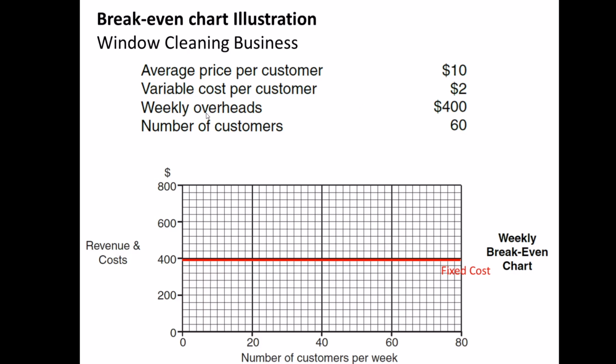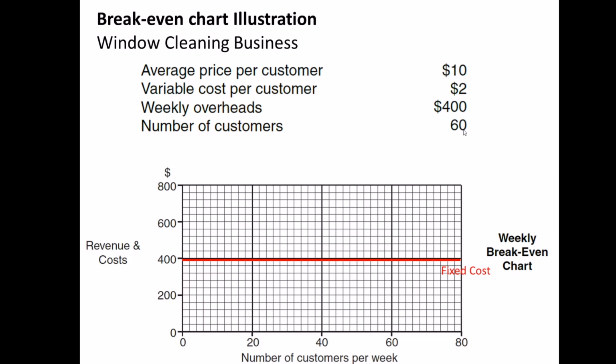So variable cost. How do you draw your variable cost? Total variable cost. Now we have variable cost per customer, $2, and we have the number of customers in that week that we have served.